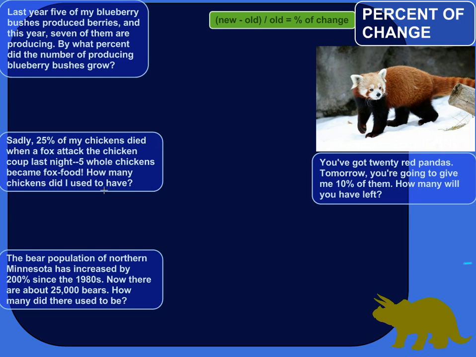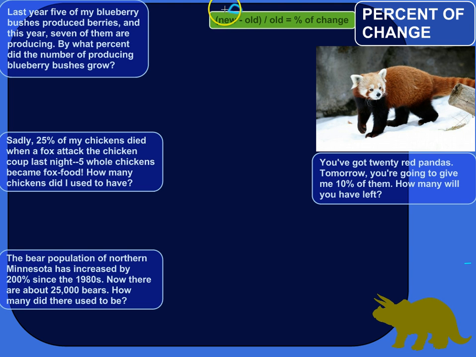The basic format of what we're going to be doing is this: the percent of change is the new number minus the old number over the old number. Or you can think of it as the amount of change, plus or minus. Delta means change, the amount of change.